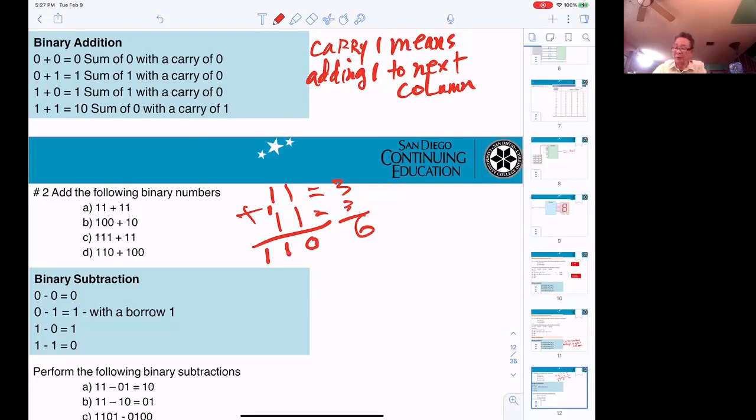Okay, now we're adding 1 0 0 to 0 1 0. 0 to 0, you get 0. 0 adding to 1, you get a 1. 1 adding to 0, you get a 1. Okay? So if you want to know the decimal, that will be number 4, that will be number 2, and 1 1 0 will be number 6.